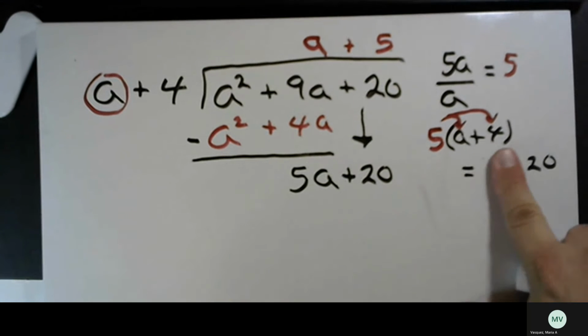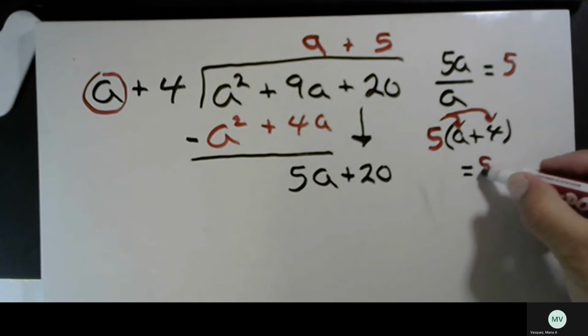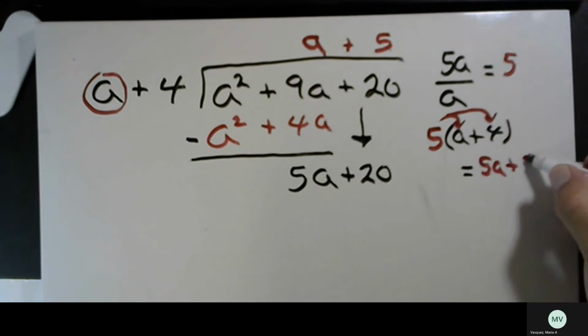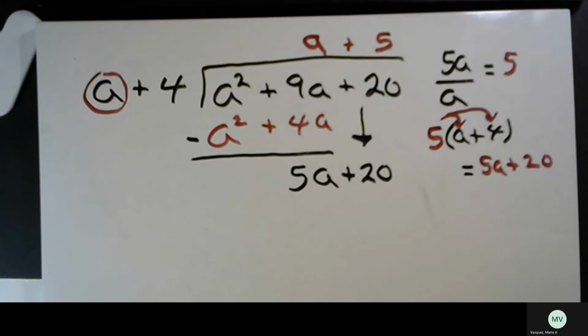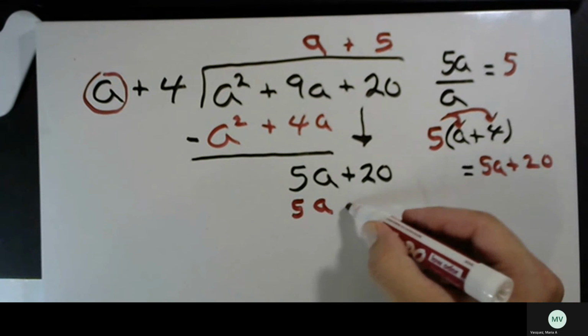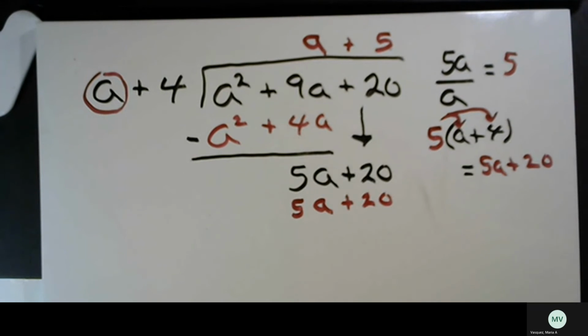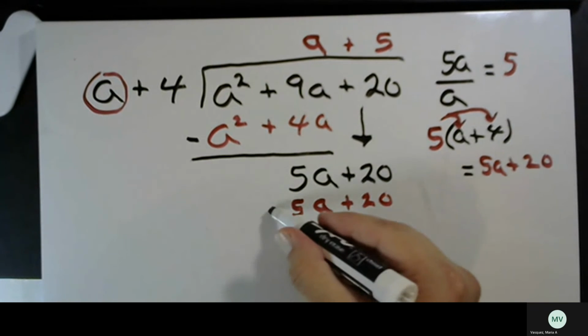Oh, change my pen here. We'll still get 5a plus 20. And then we're going to subtract again.